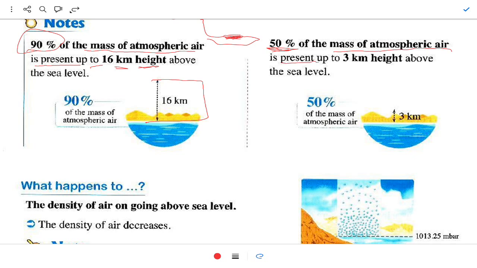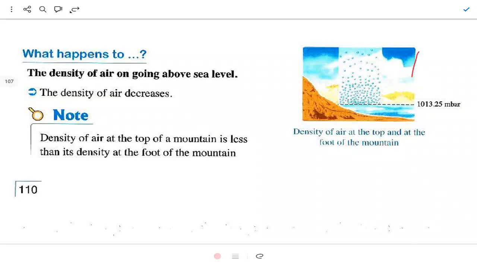So 3 kilometers. I want you to brainstorm this question. What happens to the density of air on going above sea level? Would the density be more, or high, or low? Of course, the density of air on going above sea level, in these high points, would decrease.